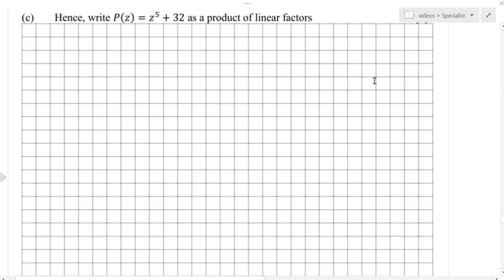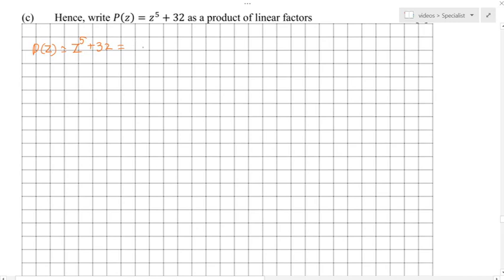Now we need to write P(z) as a product of linear factors. So we got 5 roots there, and obviously therefore we can write our P(z) as z to the 5. It's the same thing. If you make it an equation, you make it equal to 0, you get roots, and those roots basically form the factors of this polynomial.